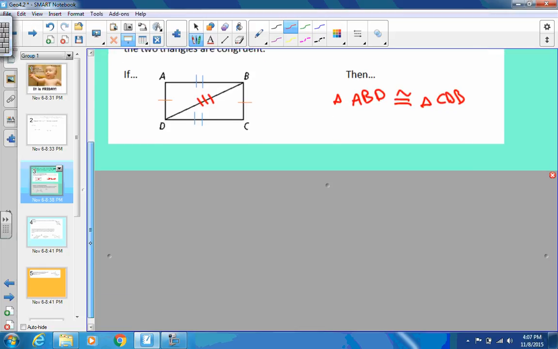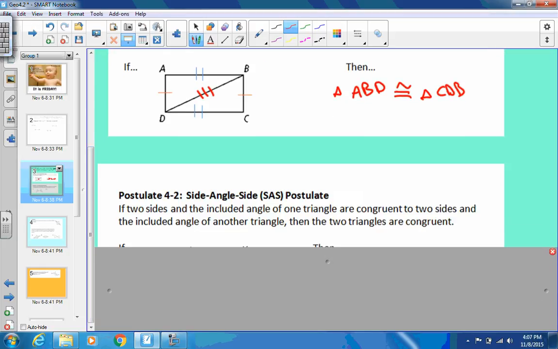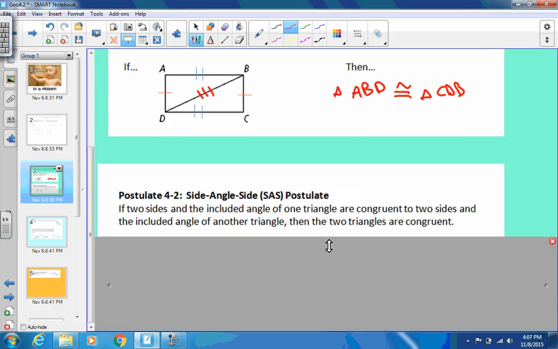All right, and the other way that we have is the side angle side postulate. This is postulate 4.2. It says if two sides and the included angle of one triangle are congruent to two sides and the included angle of another triangle, then the two triangles are congruent. So a little bit better look here.